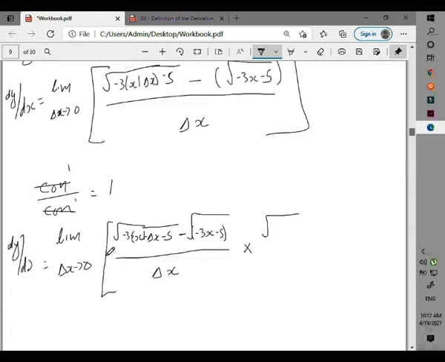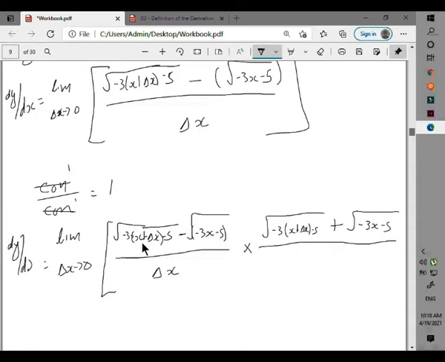You write back what's in front, which is the root of minus 3 open bracket x plus delta x minus 5. Make sure I have my bracket here. Good. Now because of the conjugate, the sign, which is straight between them, goes to the opposite sign. So since this is negative, this is now positive of, what do you have there? Minus 3x minus 5.